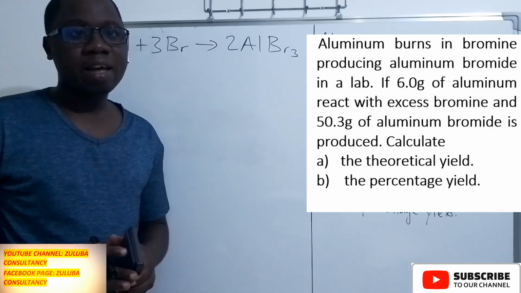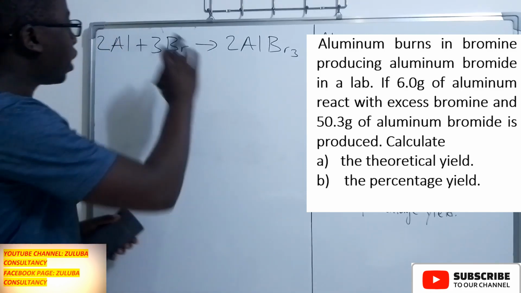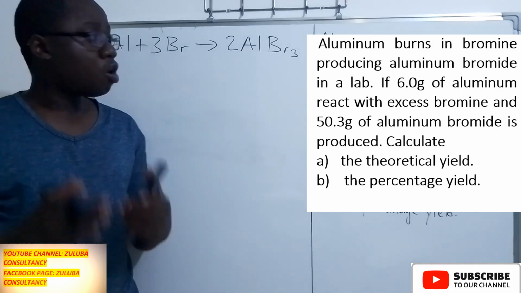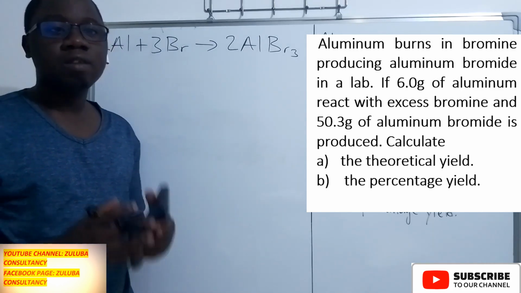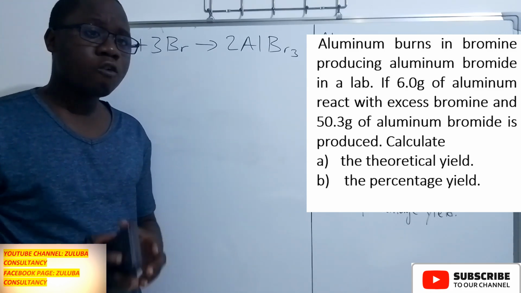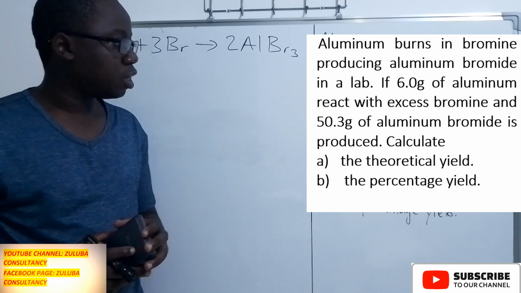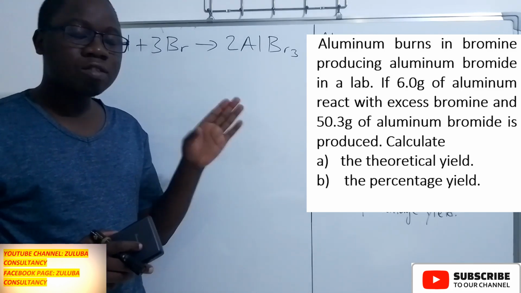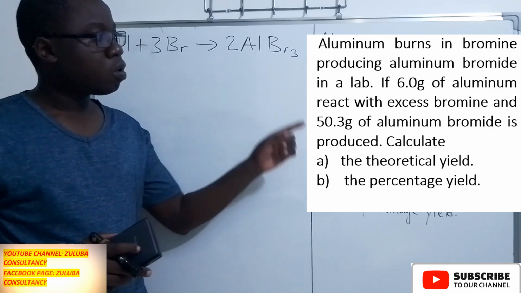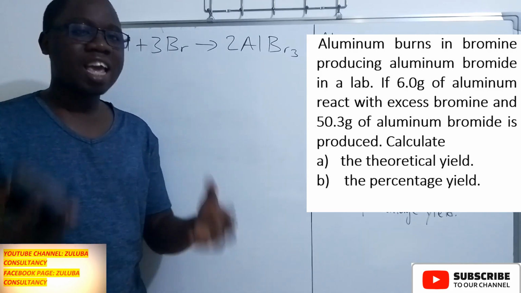After managing to balance the chemical equation, we need to find the number of moles of aluminium that is available. In this question, we do not need to find which one is the limiting reagent. Aluminium is the limiting reagent in this question. This is because bromine is in excess.